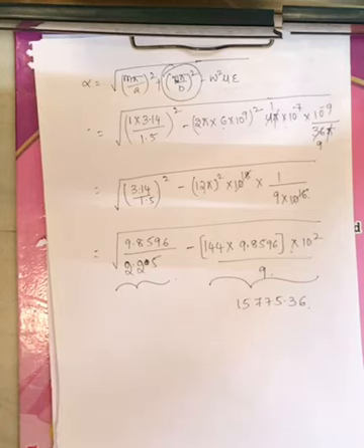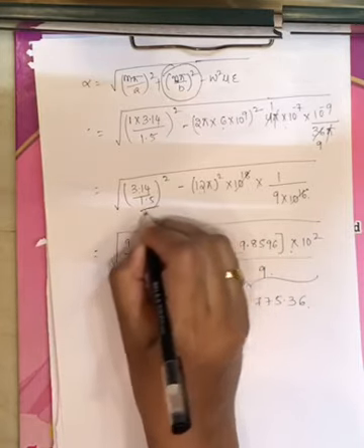9.8596 divided by 2.25. Okay, convert it into meters, right?